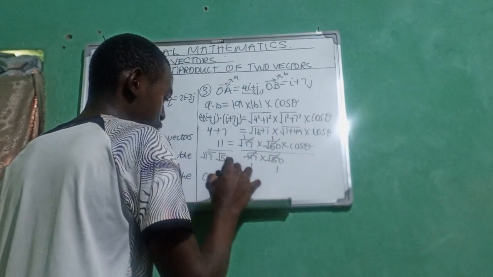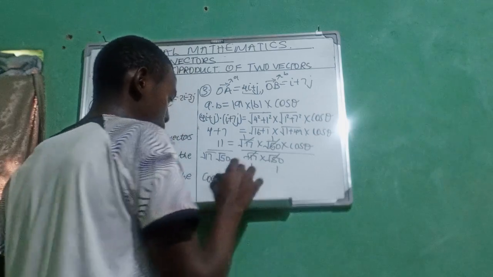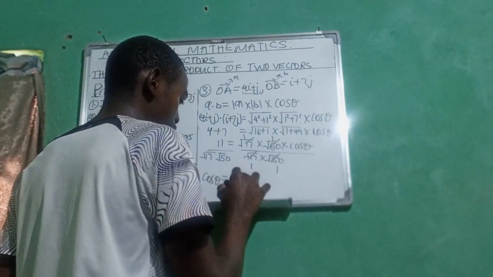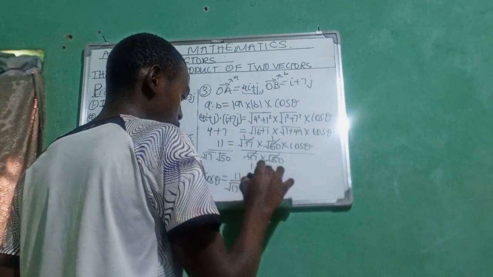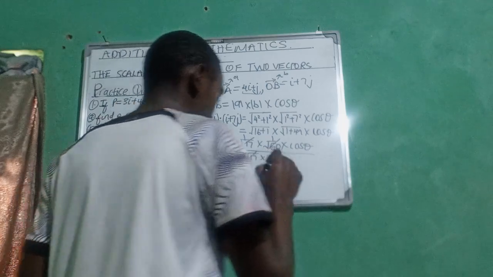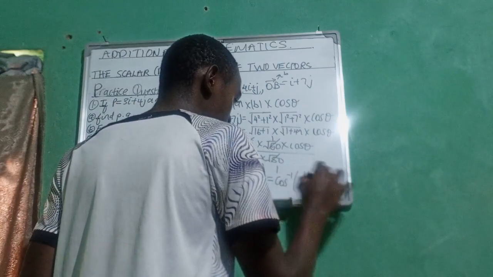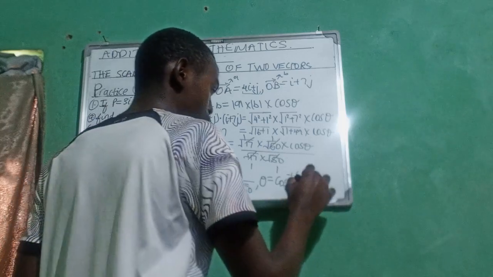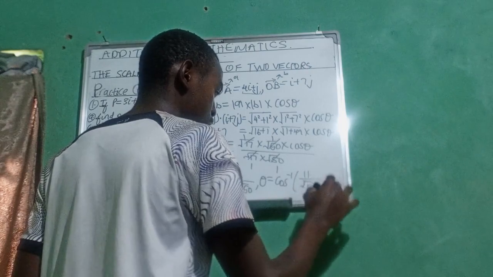Cosine theta is equal to 11 over square root of 17 multiplied by square root of 50. Then theta is equal to cos inverse of 11 divided by square root of 17 multiplied by square root of 50.